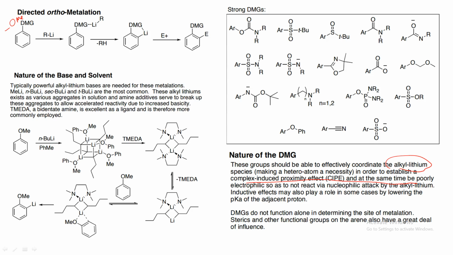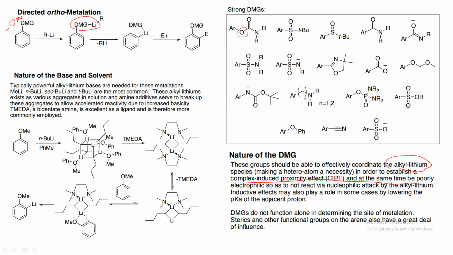There are some groups containing oxygen or nitrogen. They can easily coordinate with lithium. You can see the mechanism written here. With the lithiated species, first this coordination is important.